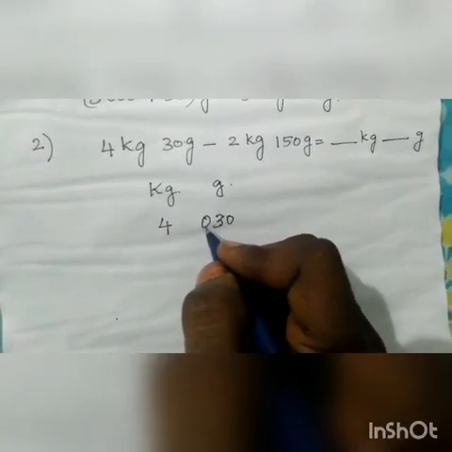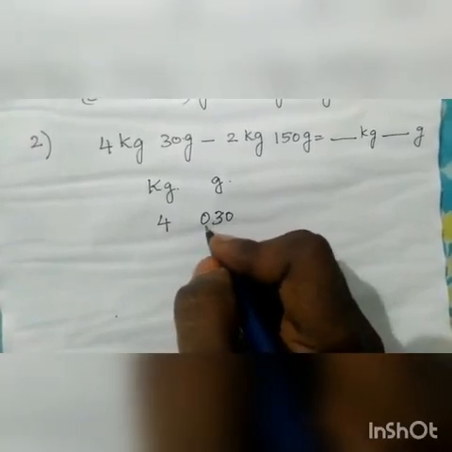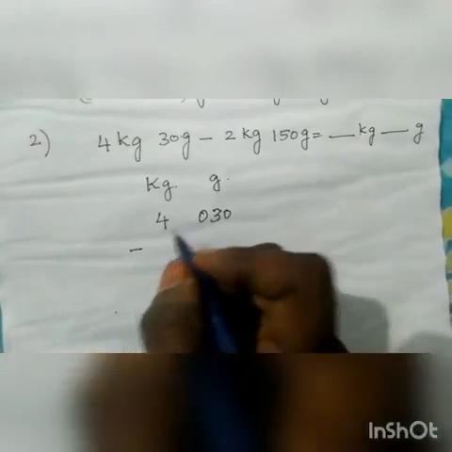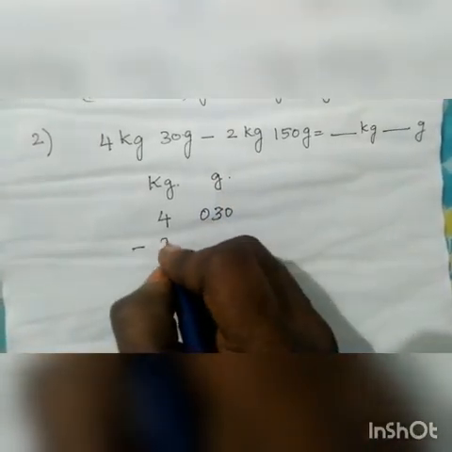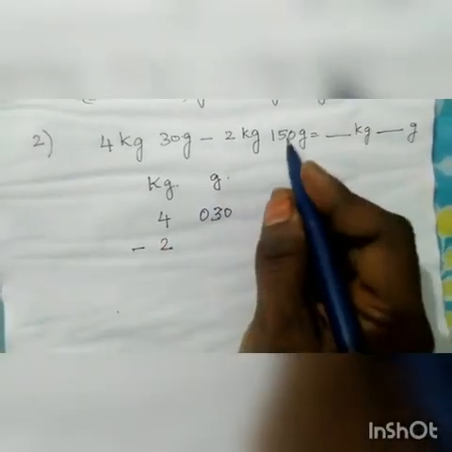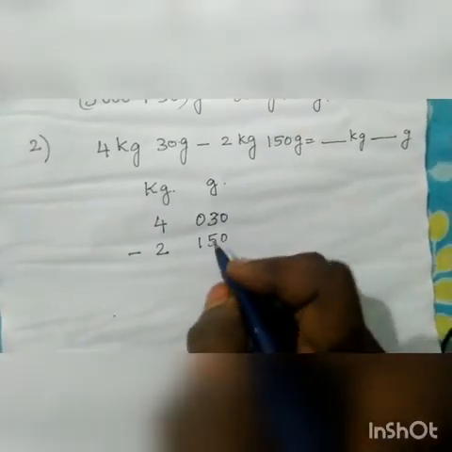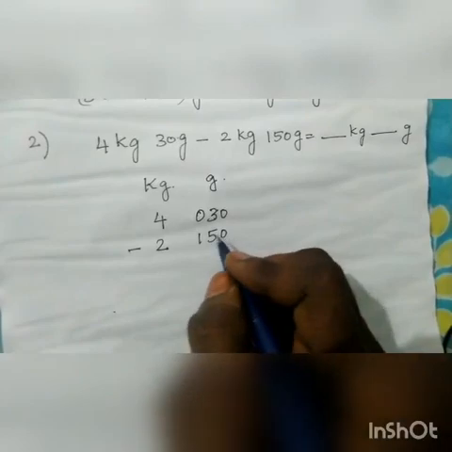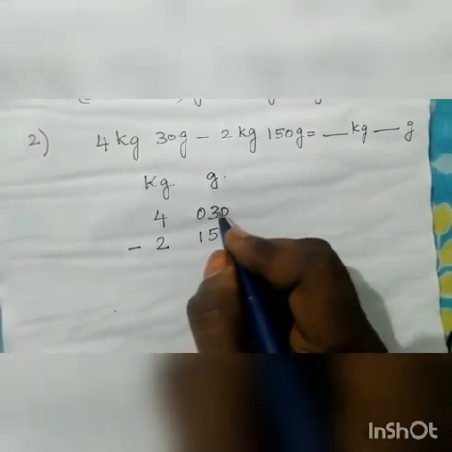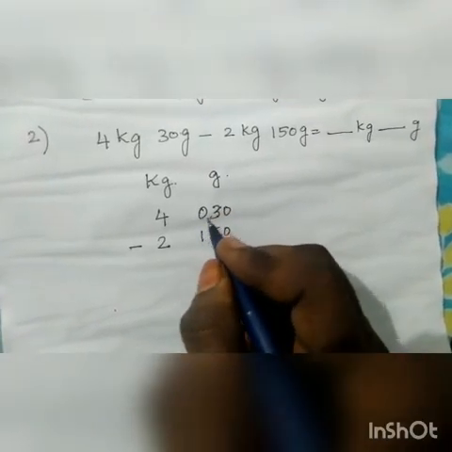You should be very clear about this 0. Then minus 2 kilogram, so we write only 2, and for gram we write 150 gram. Here 3 digits are there, and there only 2 digits, that's why we are including one more 0 in the hundreds place.